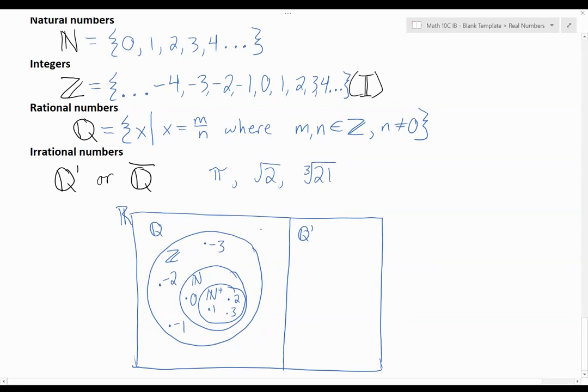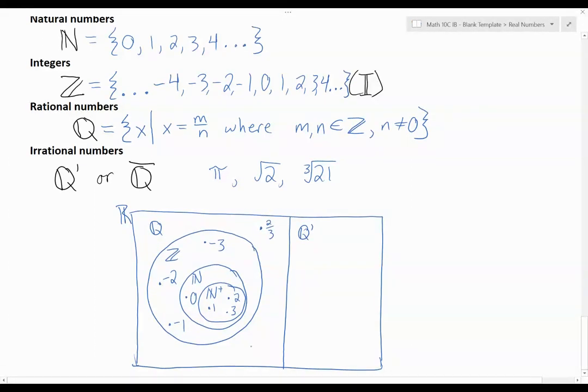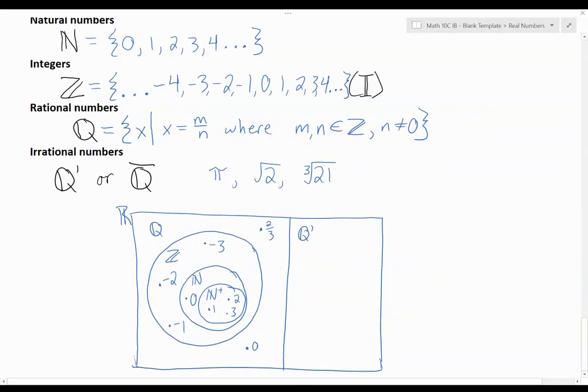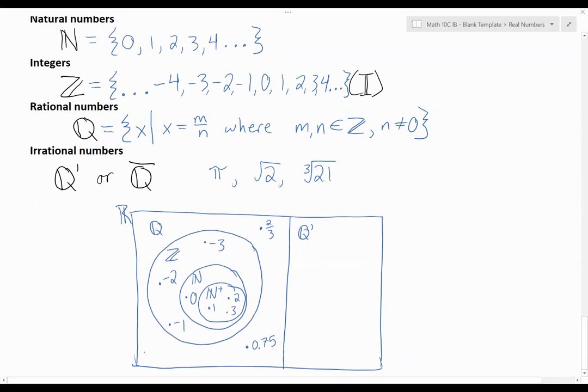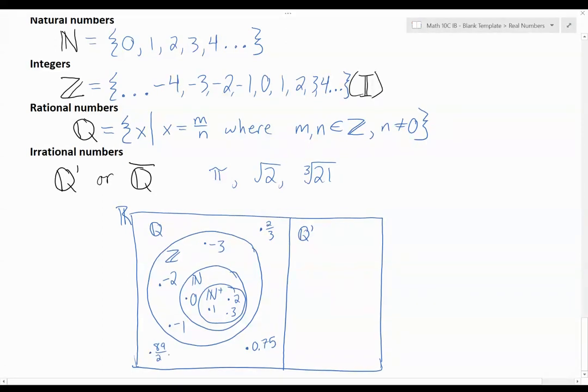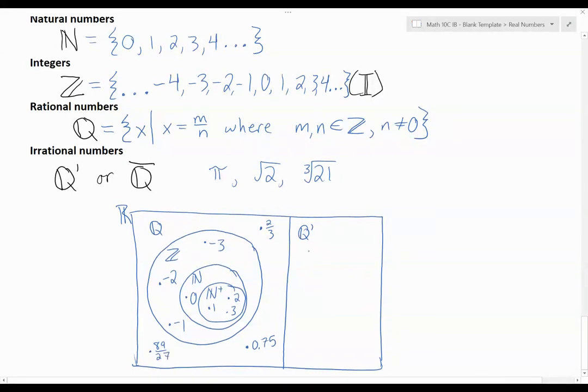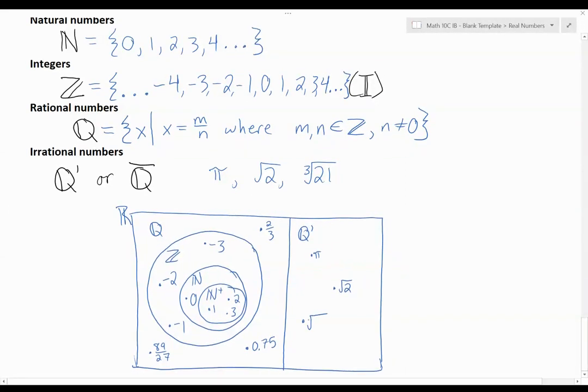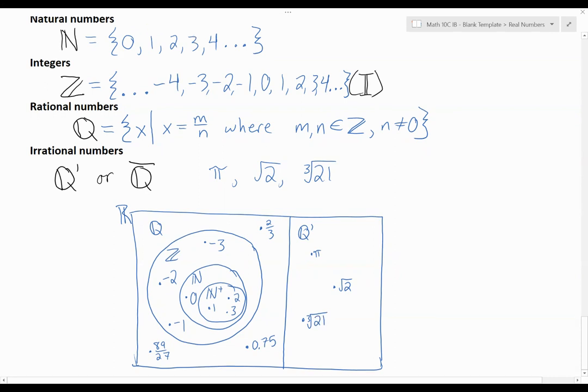Within the rationals, I might have 2/3, or maybe I have 0.75, or I have, I don't know, 89/27. These are all rational numbers. Within the irrational, the same 3 examples I did above. Obviously, these are not exhaustive lists. All of these sets are infinite, so I can't really list them all. There are actually subsets within the irrational numbers as well, but they are not really relevant to us at this moment.